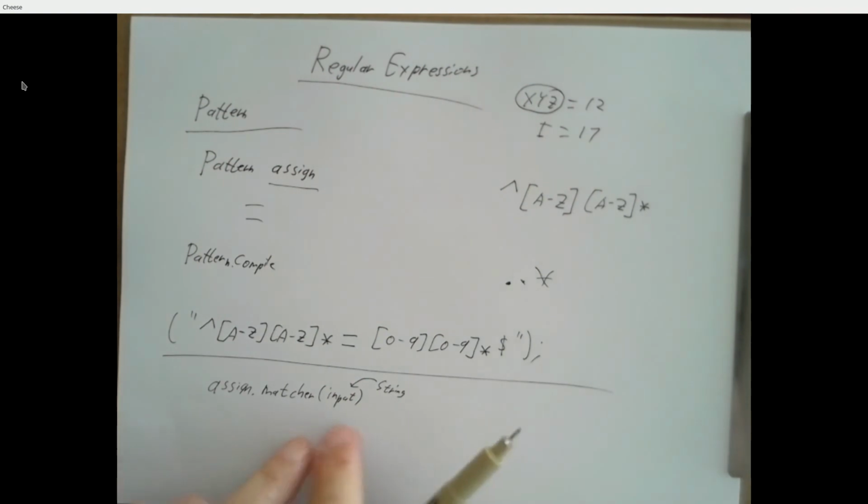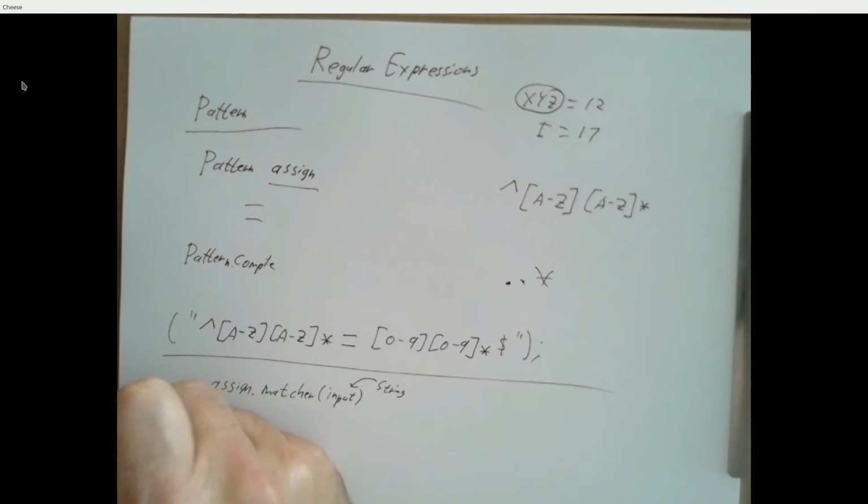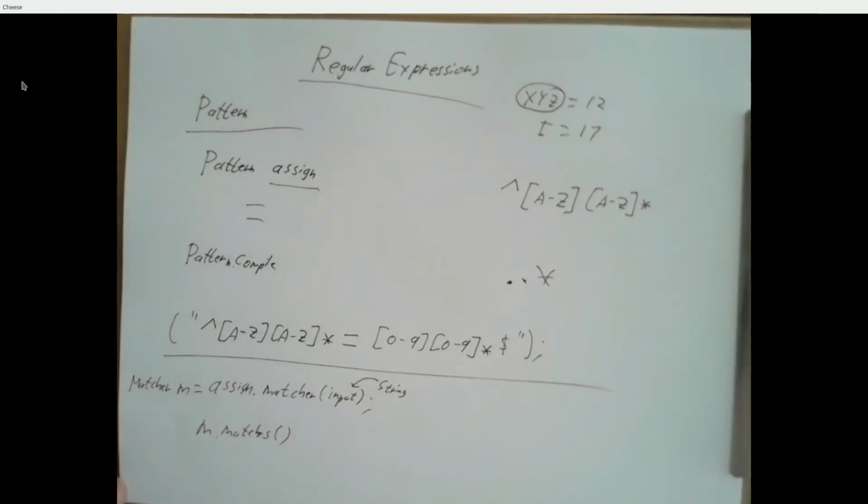Let's just suppose it's called input. So that's a string. You can say assign.matcher, give it that string, and that will return an object of type matcher. And then that object has a matches method. It'll return a Boolean saying whether or not your input matches this pattern.